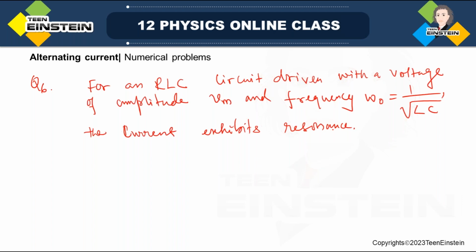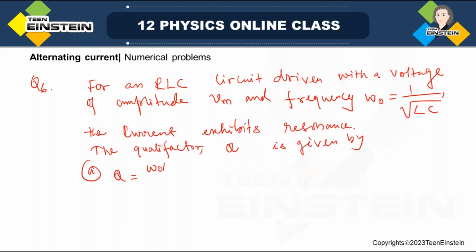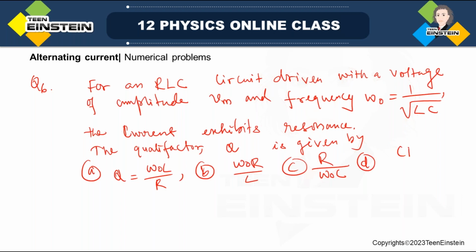The quality factor Q, which we discussed yesterday, is given by: option A, Q is equal to omega 0 L by R. Option B is omega 0 R by L. Option C is R by omega 0 C, and option D is CR.